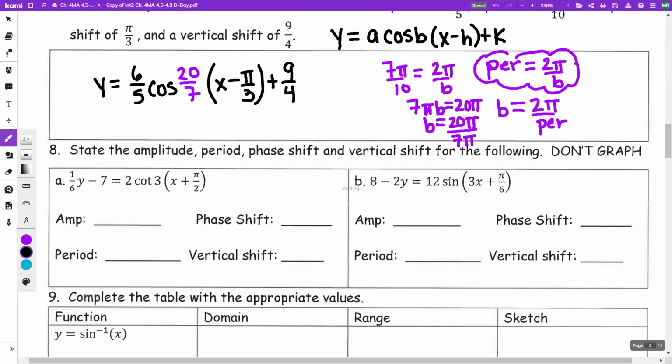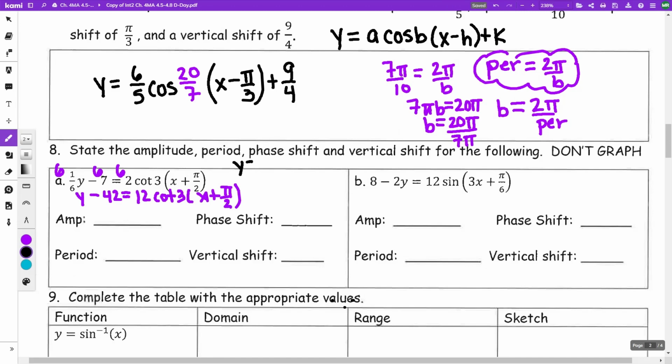On these ones down here, we like them written in kind of the format that I wrote the one above. These ones aren't all like that. So the first thing I notice is we have a 6 here. So I'm going to times everything by 6. So I'm going to go 6 times this, 6 times this, 6 times this. So I'm going to get y minus 42 is equal to 12 cotangent of 3x plus pi halves. Then the next thing I'm going to do is rewrite it with y by itself.